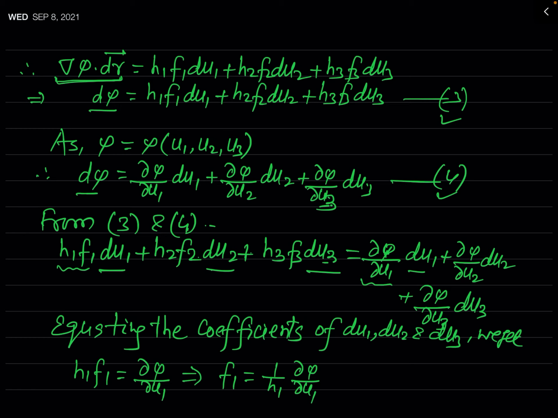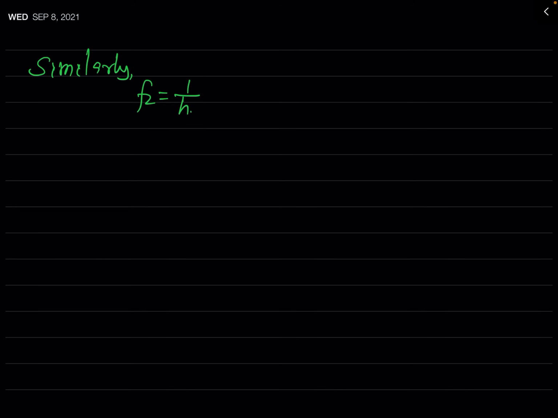And similarly, you can write the expression for f2 and f3 in the light of this result. So I am just writing directly what will be f2 and f3 after equating the coefficient of du2 and du3 in LHS and RHS. So you can say similarly, what will be f2? f2 will be 1 over h2.